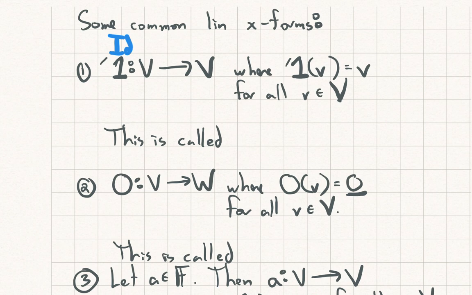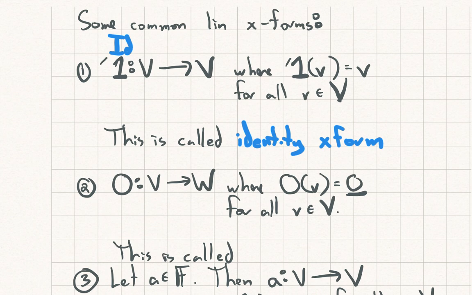Both the domain and the codomain, so the set of inputs and the possible set of outputs, are the same vector space, and the transformation just takes the vector v and sends it to itself. So this is called the identity transformation. It just does nothing.